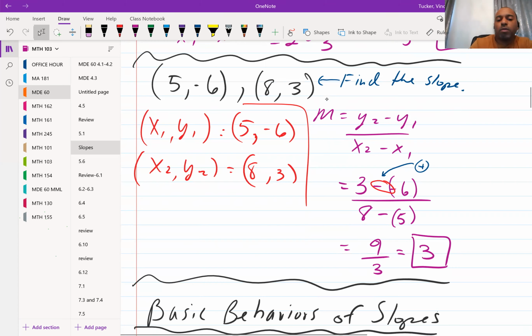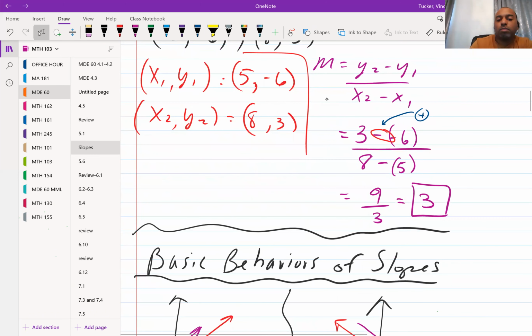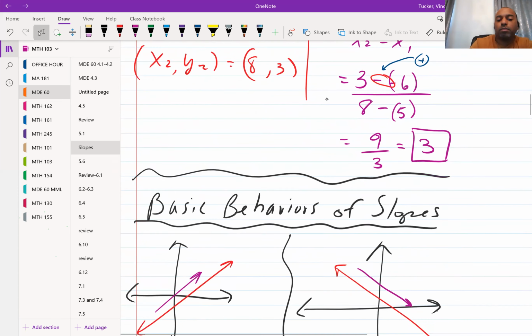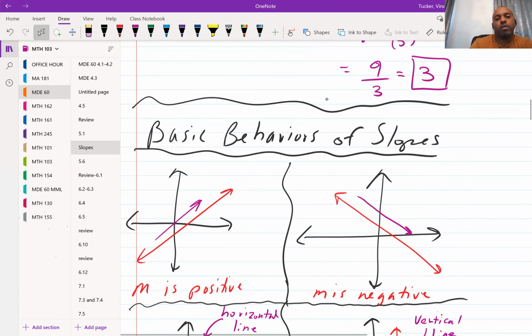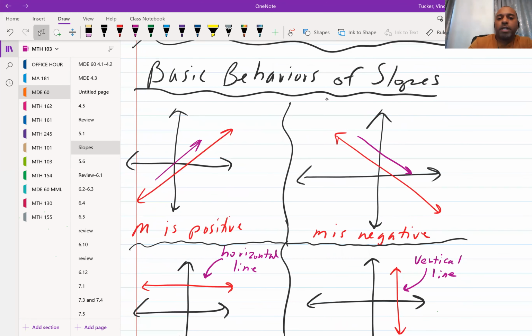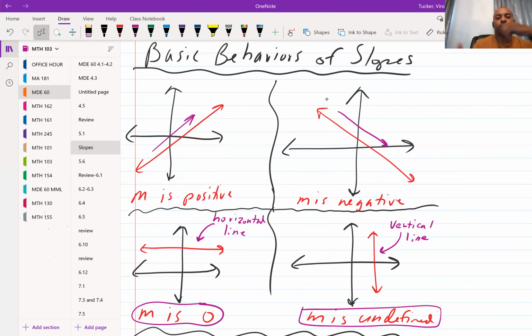All right. Can you scroll up? All right. So basic behaviors of your slopes. So we have 4 basic behaviors.